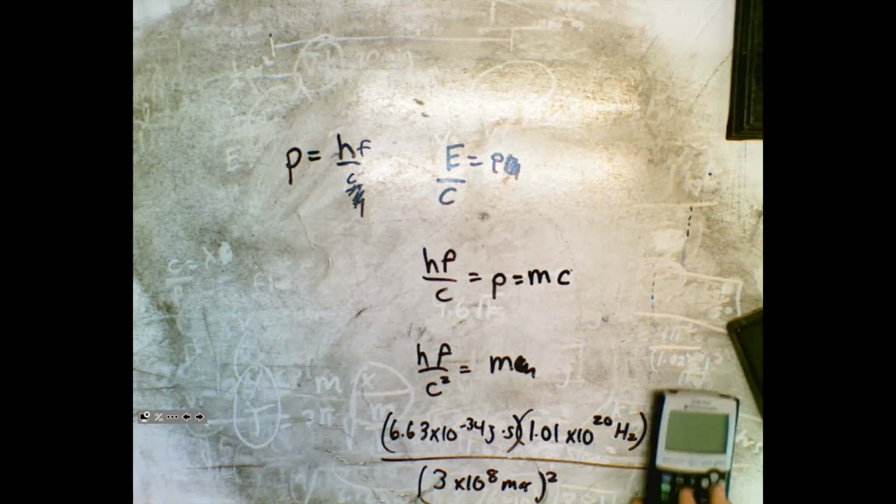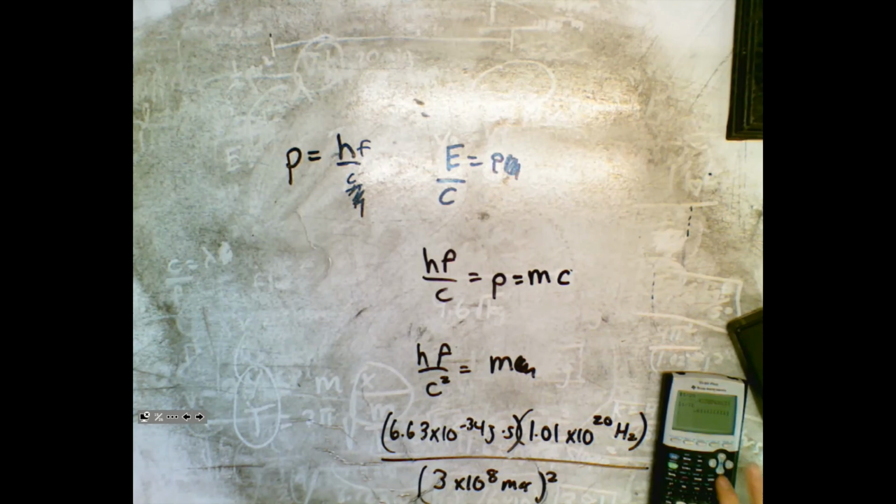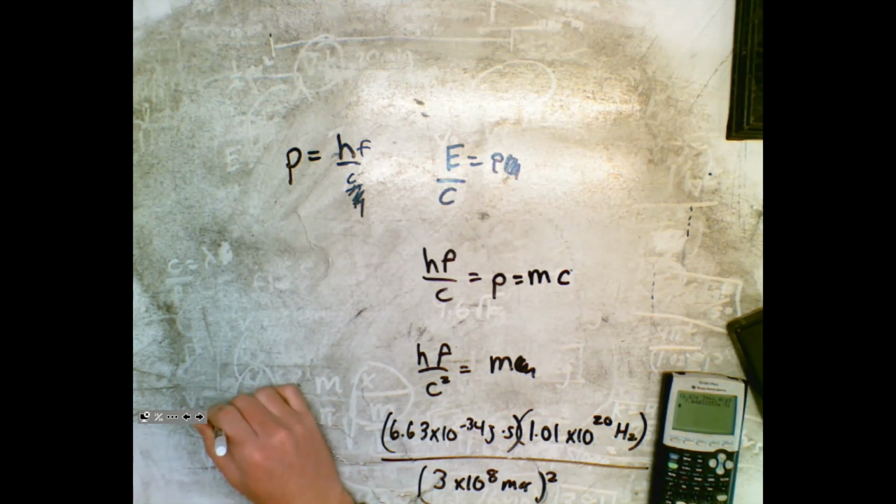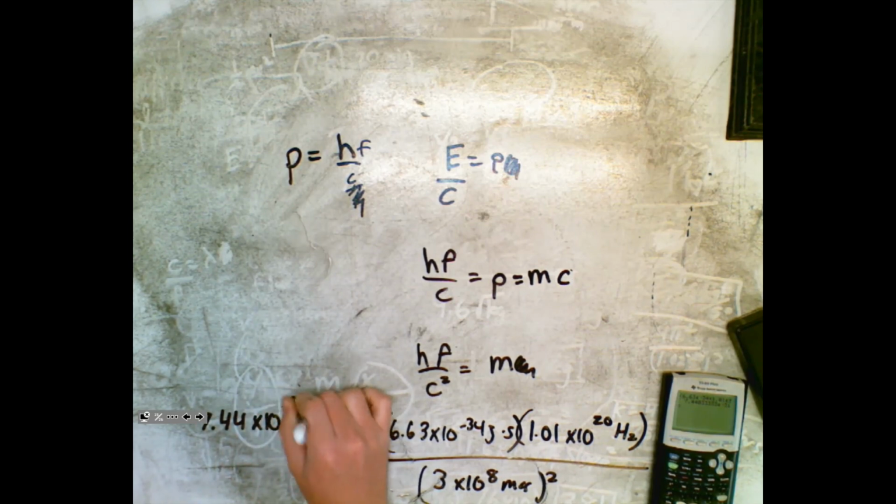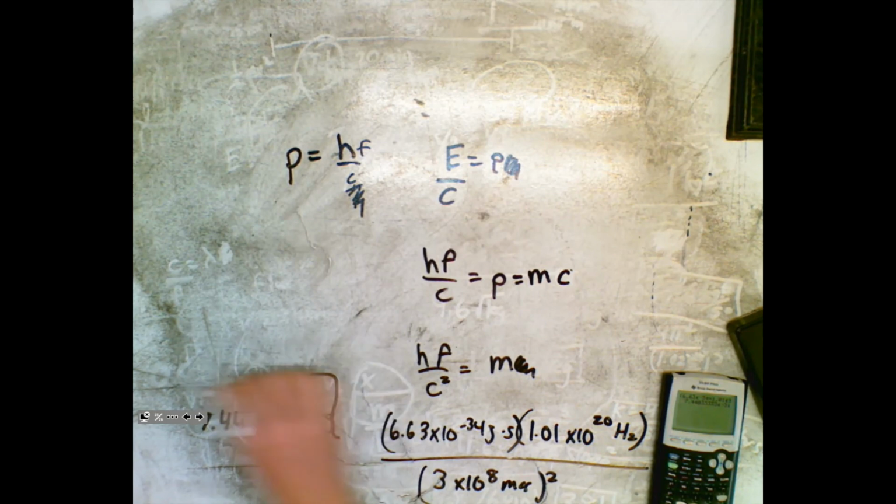So we end up getting 6.63 times 10 to the negative 34 times 1.01 times 10 to the 20 divided by the speed of light squared. And we end up getting 7.44 times 10 to the negative 31 kilograms.